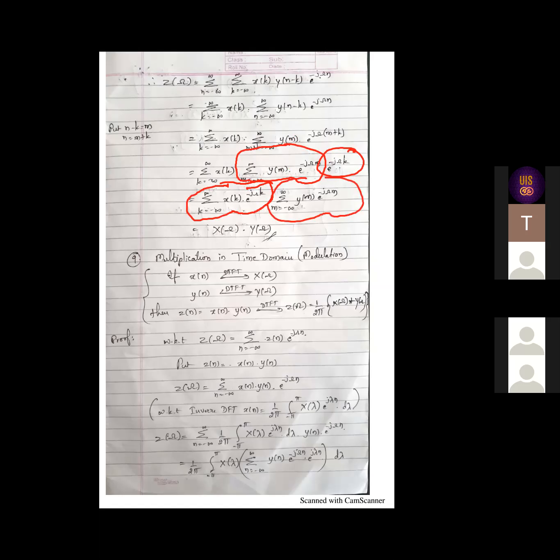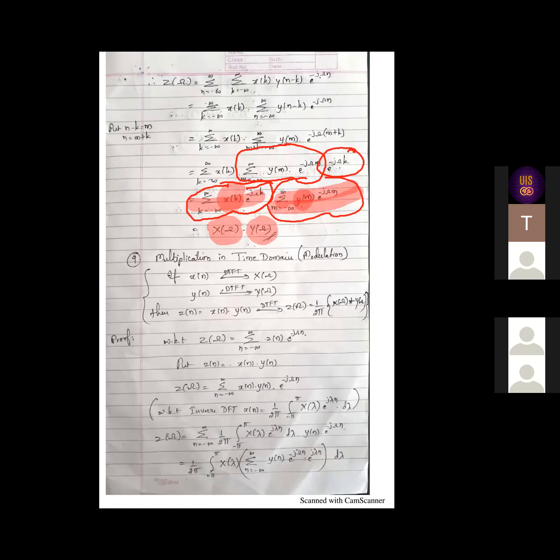Now if you observe this first bracket, it indicates the Fourier transform of the first signal, that is the x signal. The Fourier transform of x is capital X of omega, whatever the variable may be, n, m, or k, that indicates time. Similarly, the second summation, all terms, indicates the Fourier transform of the signal y, which is Y of omega.